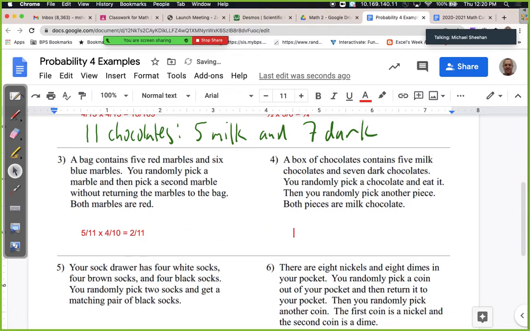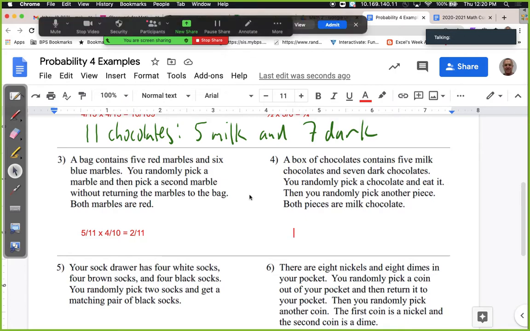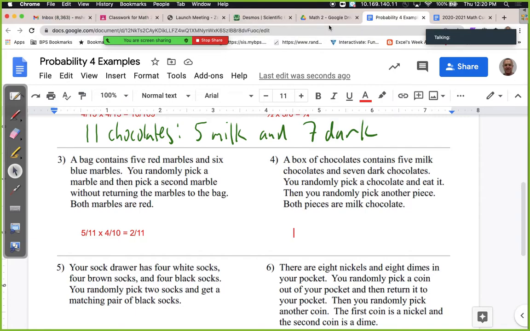So first of all, what's the chance that I'm going to get milk chocolate the first pick? 5 out of 11. Good. And now let's say I did get milk chocolate the first time, and I didn't put it back.